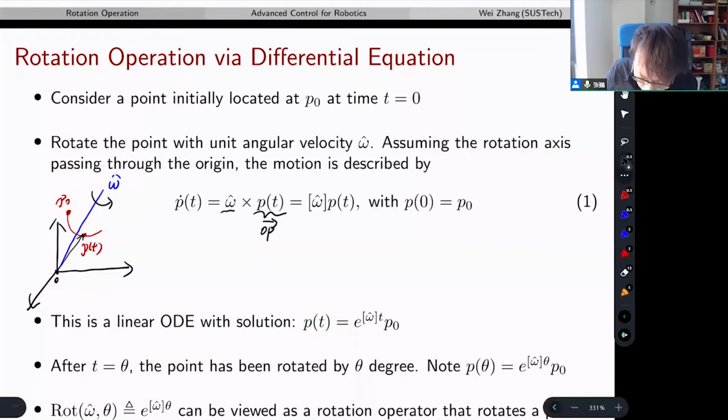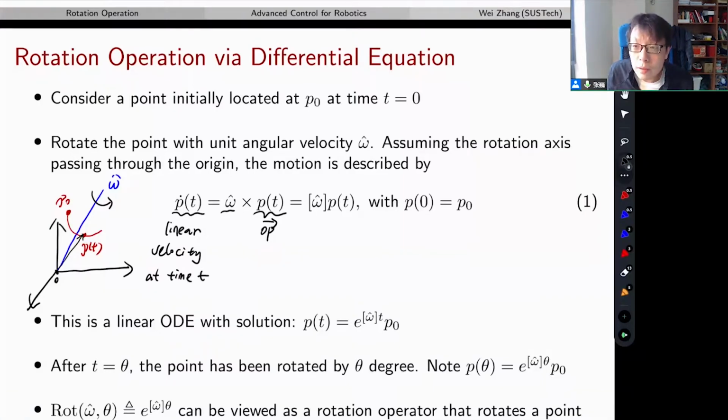If it follows a rotation motion, its linear velocity is omega cross this vector. That's the angular velocity, and this is the linear velocity at time t. That's simple high school physics. Any questions?